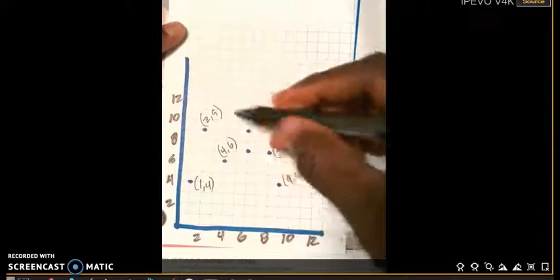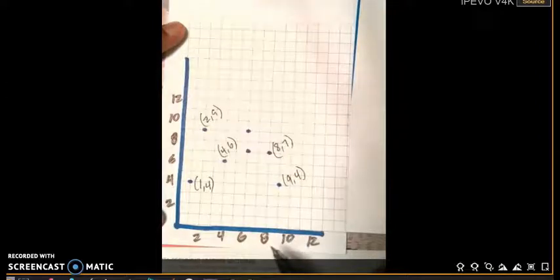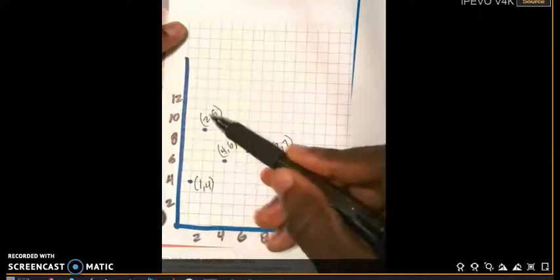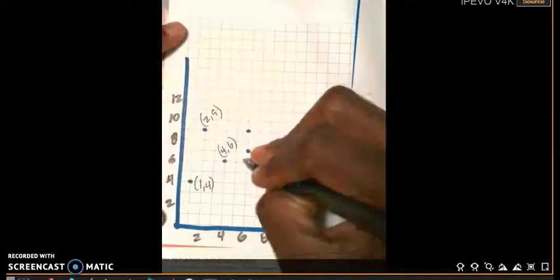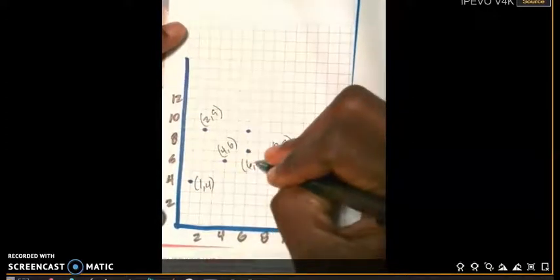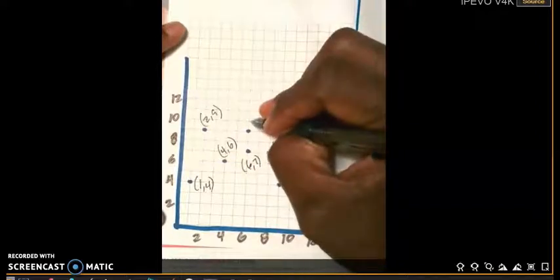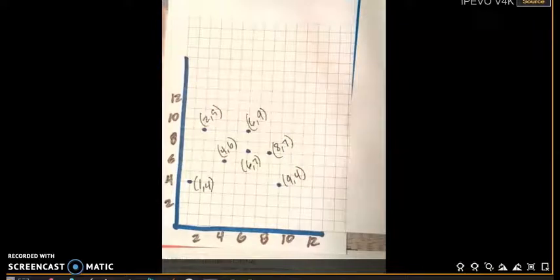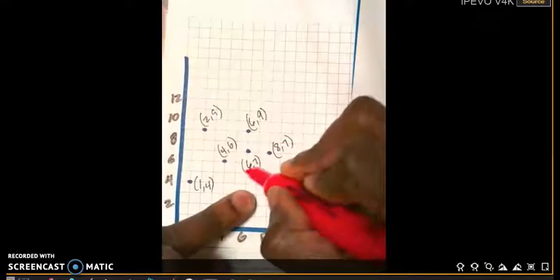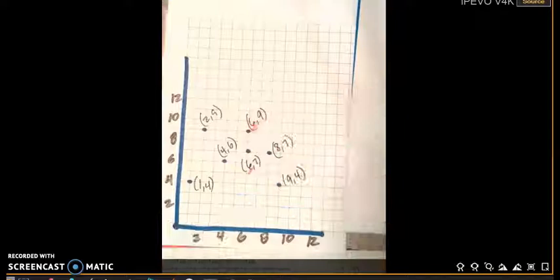Now let's see whether or not we have any duplicates of X value so far. 1, 2, 4, 8, 9, no duplicates. However, when I get here, I have 6, 7 here, and then I have 6, 9. So at this point, again, I have a duplicate of my X value.